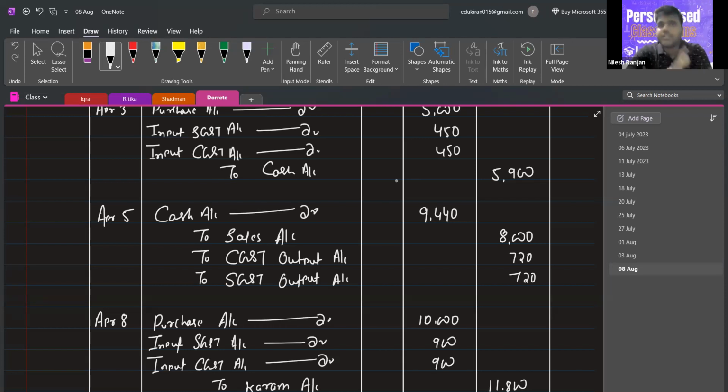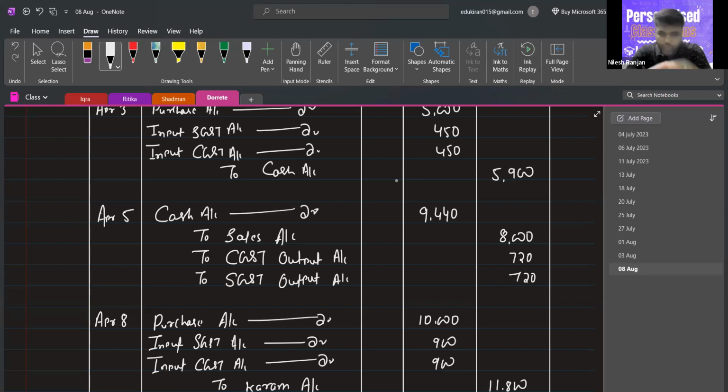The first thing, GST is always along with purchase, sale, or any service expenses. Okay. So whatever the side of purchase and sale, you have to write GST on the same side. Okay, sir. And on purchase, it is always input GST because we are paying the amount to the shopkeeper, not the government.